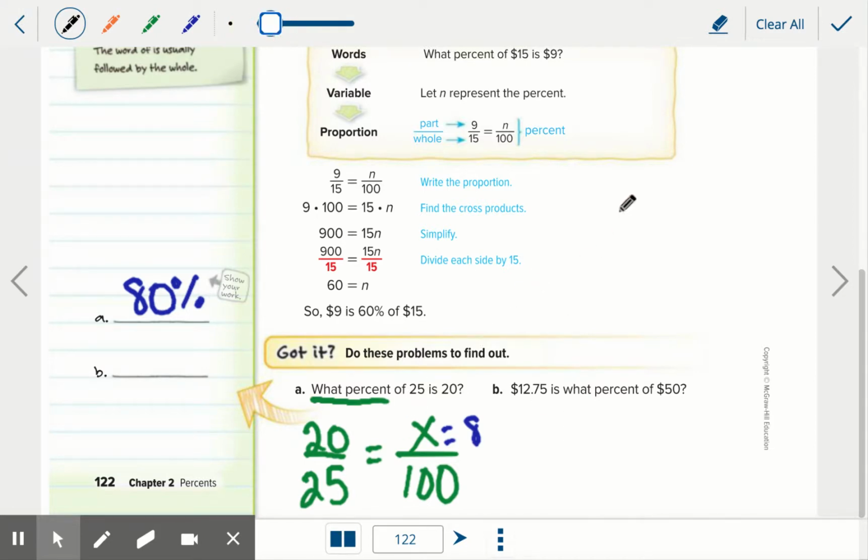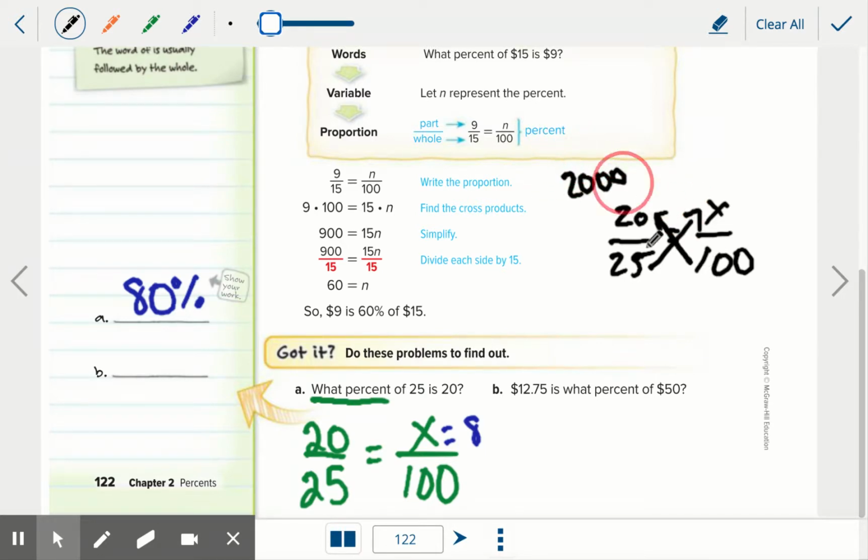Let's rewrite this. So if I had 20 over 25 equals x over 100, my cross products is by saying multiply the diagonals. This gets me 2,000. This gets me 25 times x. And because they are proportional, and these are my cross products, these would be equal to each other. So to find 25 times what gets me 2,000, I divide 2,000 by 25, and I would have gotten 80. Okay?